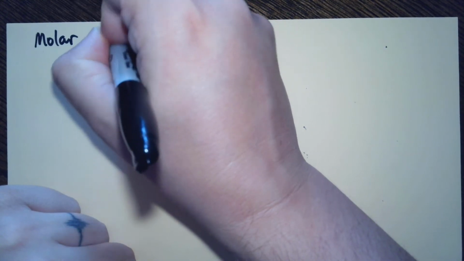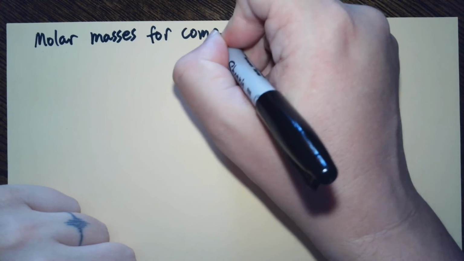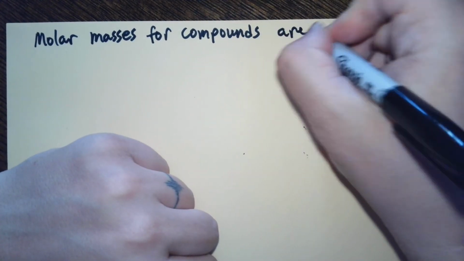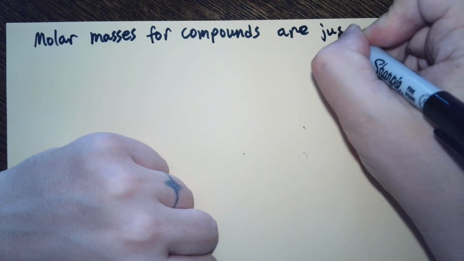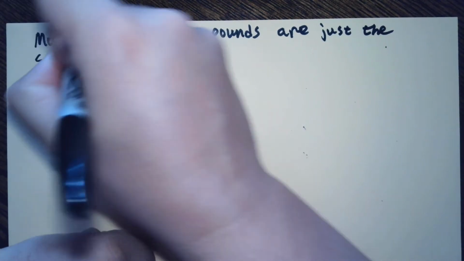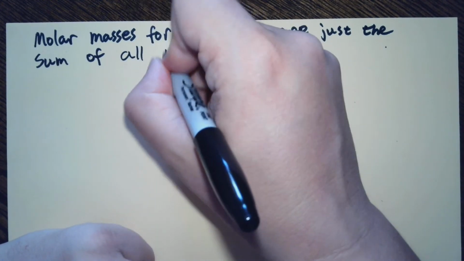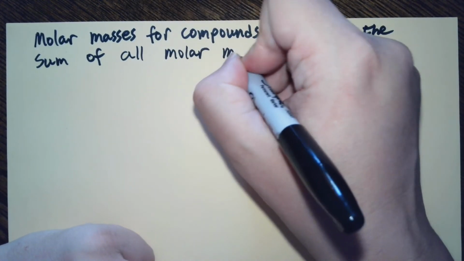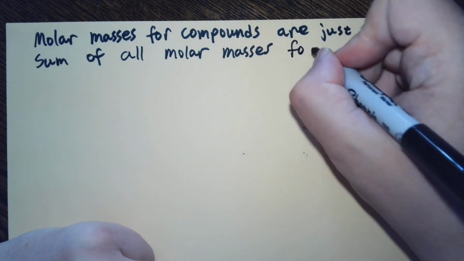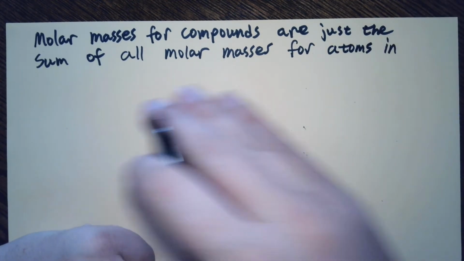So the molar masses for compounds are just the sum of all the molar masses for atoms in the compound. The whole is equal to the sum of the parts.